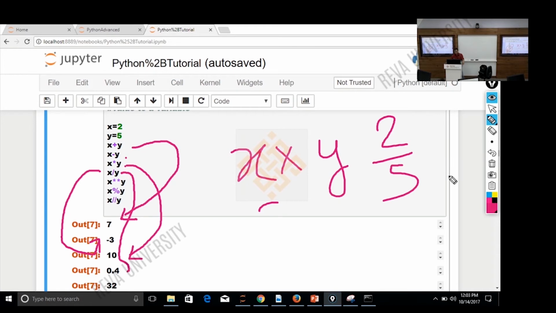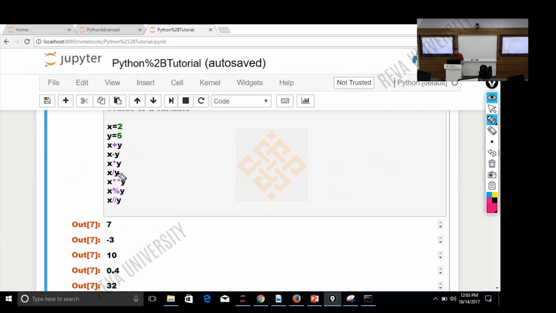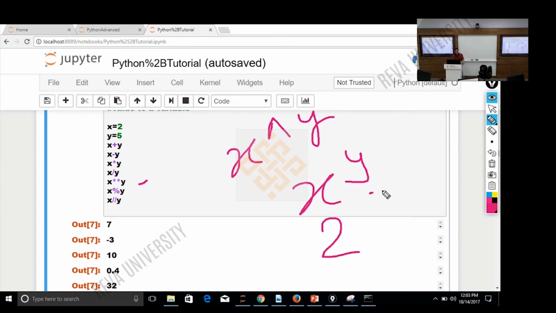So far so good? Okay, now let's go to the trickier ones, which is x to the power y. So that's 2 to the power 5, which is 32. Make sense?